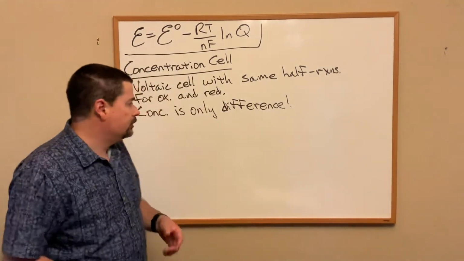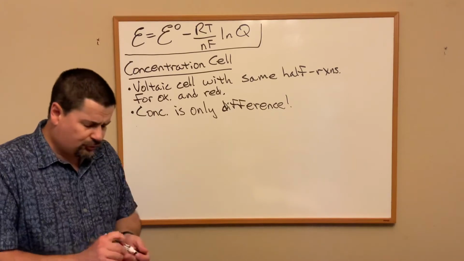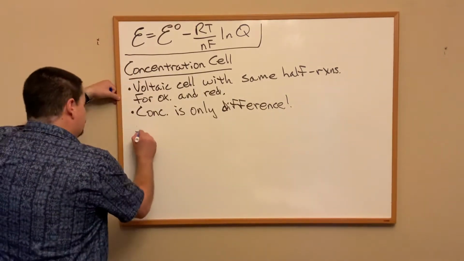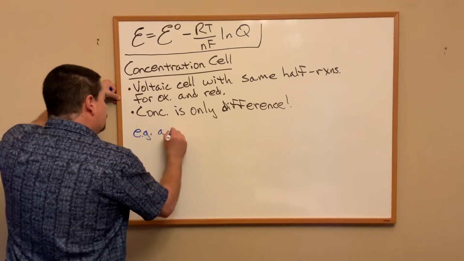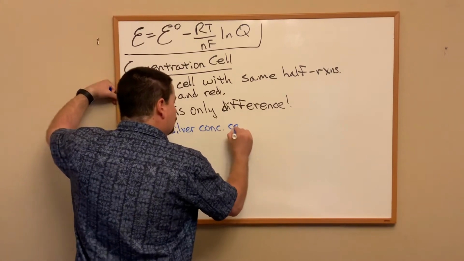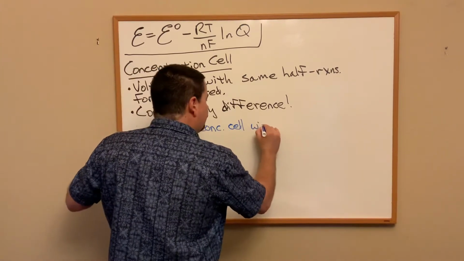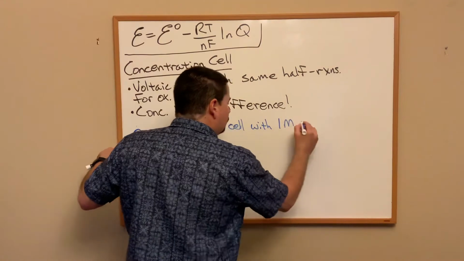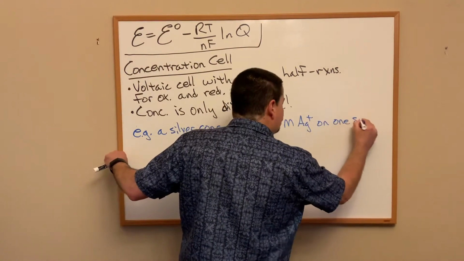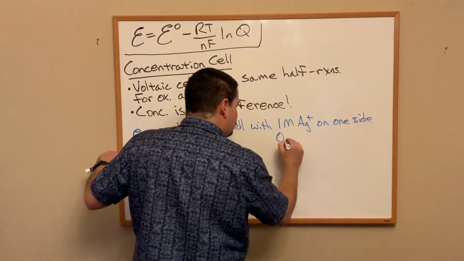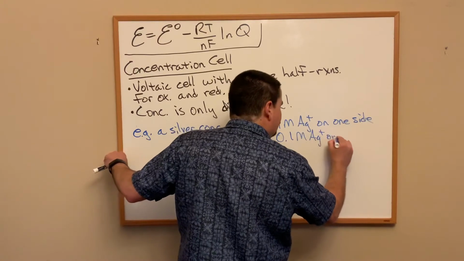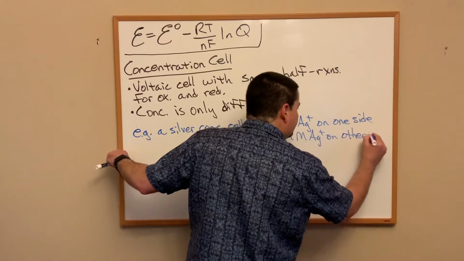So let's take a look here. So let's say, for example, we had a silver concentration cell with 1 molar Ag plus on one side, 0.1 molar Ag plus on the other side.